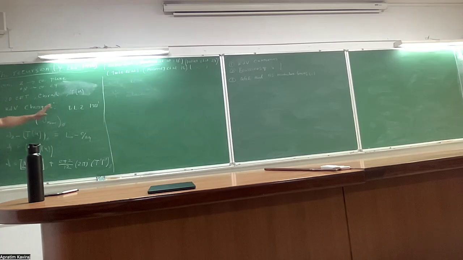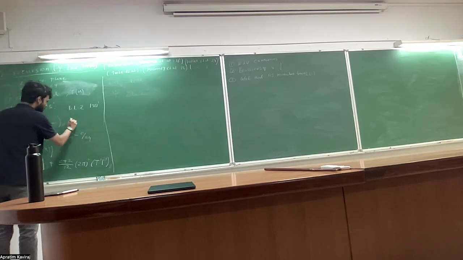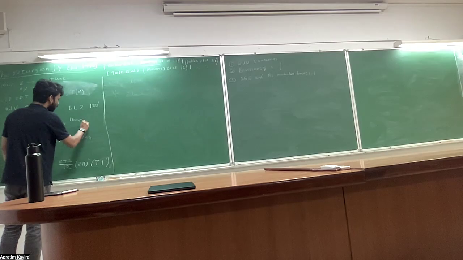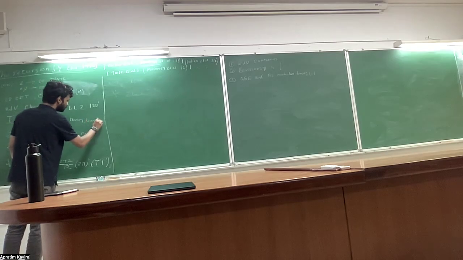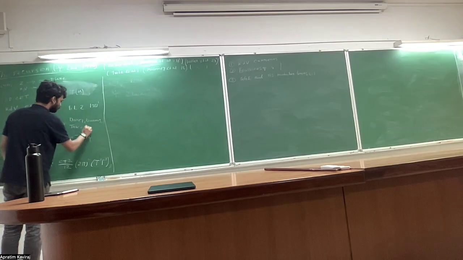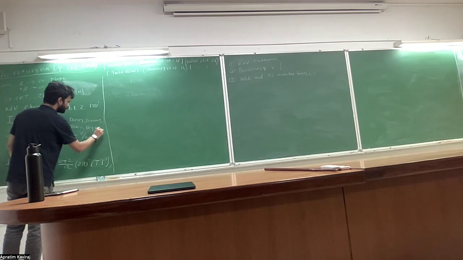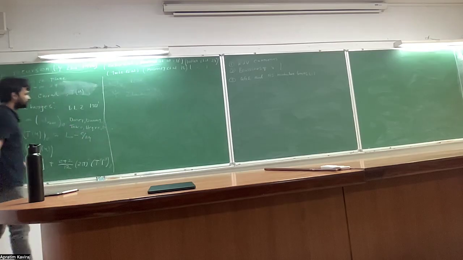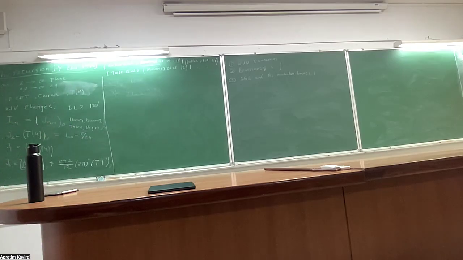And then also people like Dorey, Dunning, Tateo, Negro, etc. They have also developed certain technology called the ODE/IM correspondence to solve the spectrum of the problem. But we still didn't know how to construct these currents rigorously.